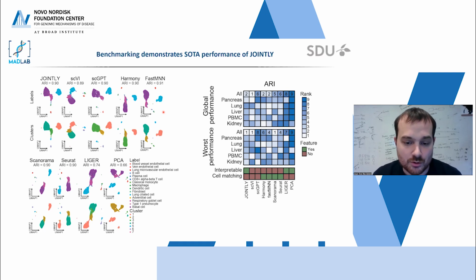In the worst batch, we can see that now Jointly, scVI and Scanorama are the best performing methods, whereas, for example, Harmony, which was very good overall, is actually quite poor in the worst data set, suggesting that both scVI and Jointly are capable of a balanced batch integration.